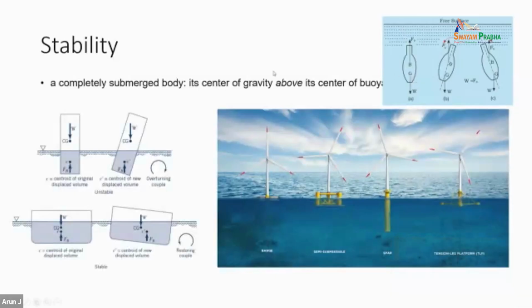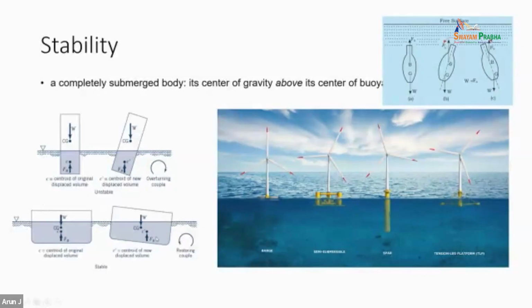For example, this is a ship, and the buoyancy force center can be below the gravity center. This figure shows clearly the buoyancy force center and the gravity center. The buoyancy force center can be lower, but the ship is still stable. The reason is that when the ship tilts some angle, it generates a moment, a restoring force, that helps it recover.